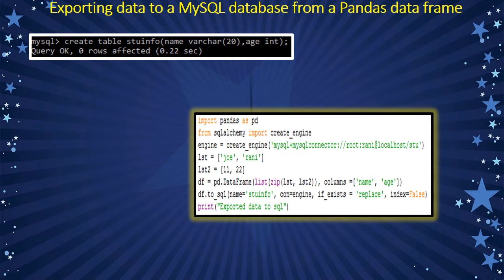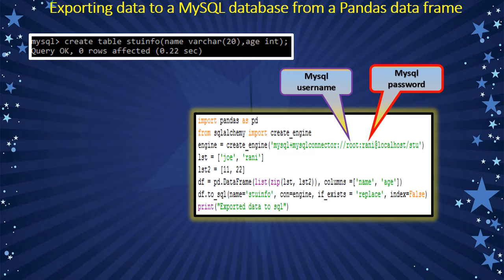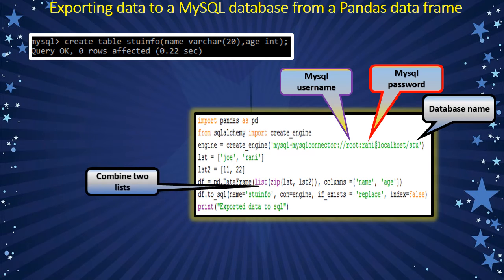So next I'm creating the engine object using the function create_engine, mysql plus mysqlconnector colon double forward slash, root, that is the MySQL username, and Ronnie is the MySQL password, and stu is the name of the database.